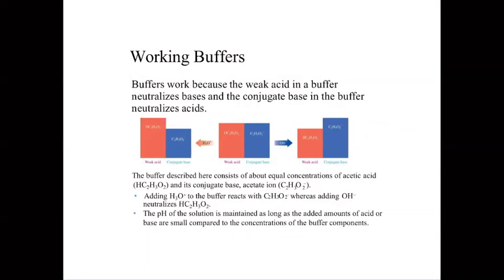And for example, if instead of a base, you add to your buffer system an acid, then it is the role of the conjugate base or the salt of the conjugate base to neutralize that specifically incoming acid. Let's look at a particular example so we can see these reactions at work.